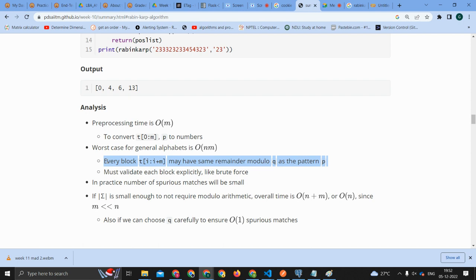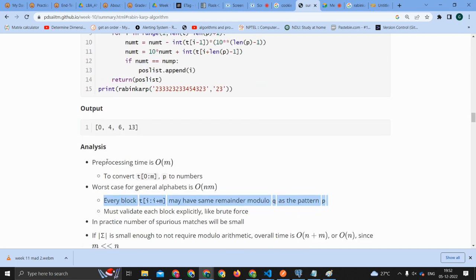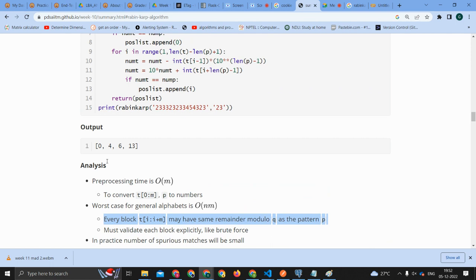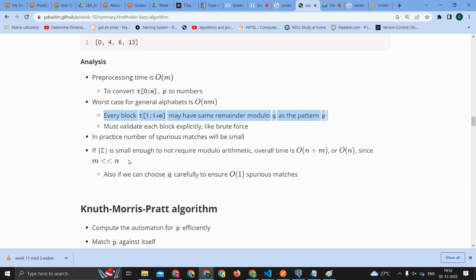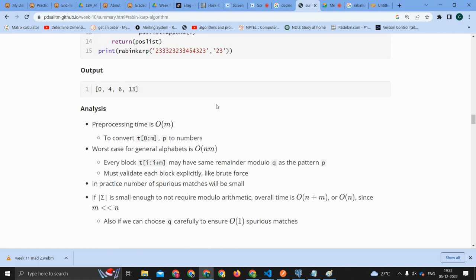That's why M into N. I don't know why they are saying the general alphabet.